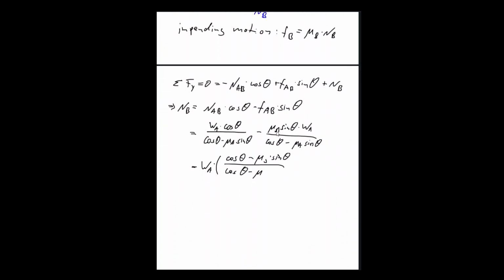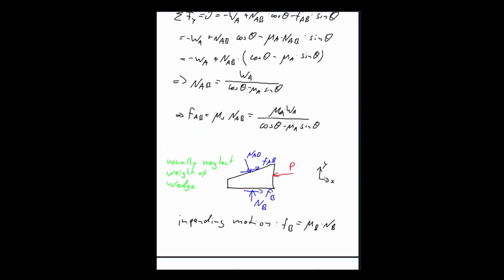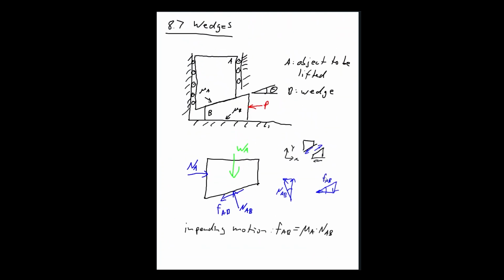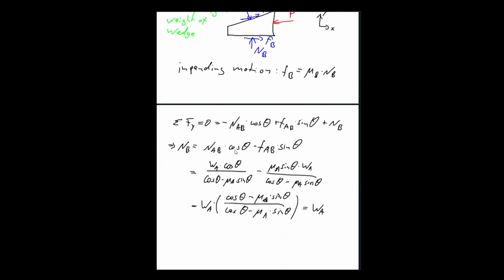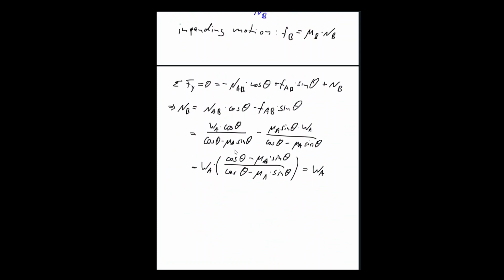This should be an A, and that should be an A. There we go. mu A times sine theta. Of course, that's just 1. So that's WA. Which makes sense, right? I mean, the normal force here, if we don't allow this block to have any weight, should be just the amount of weight that's coming down. So that makes sense. That's good.